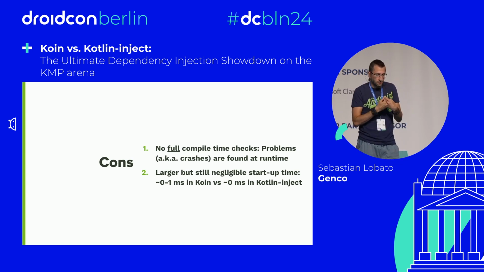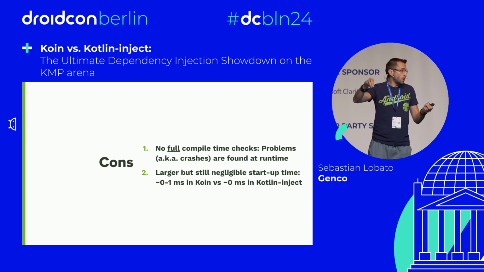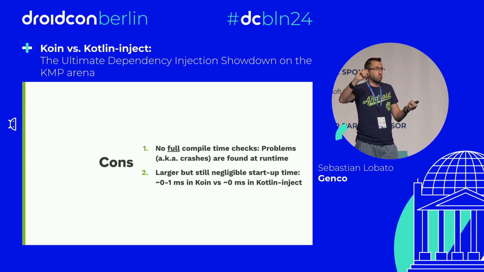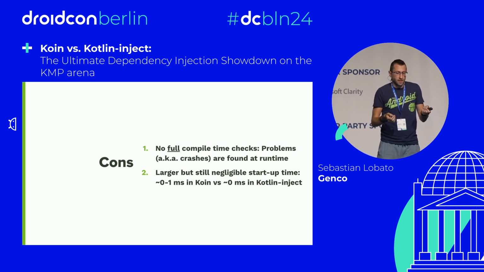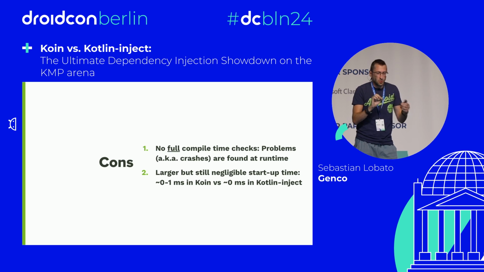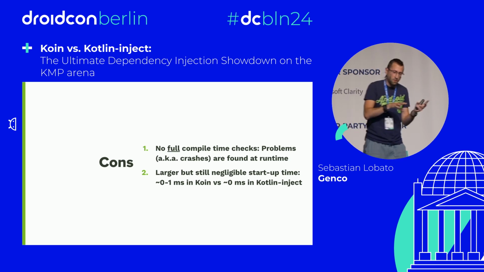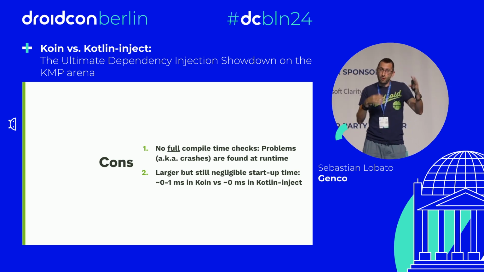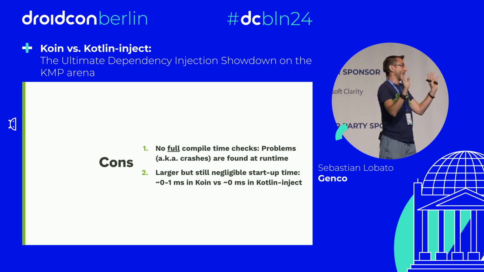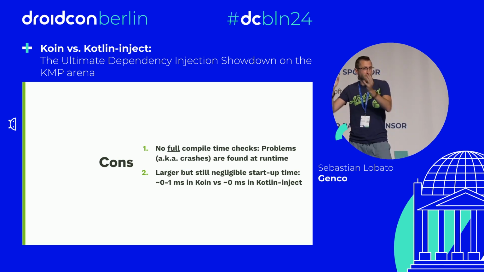So in our case, for example, we use a view model with an ID as a constructor parameter. So think of this like a product ID for your view model. So if you pass the wrong type of parameter to Koin when you are requesting a dependency, it will happily compile and it will happily run and then happily crash.